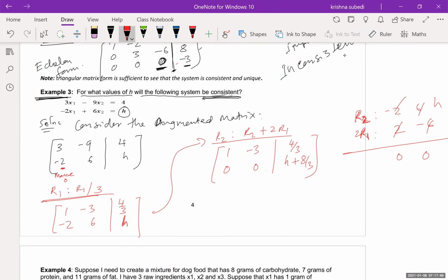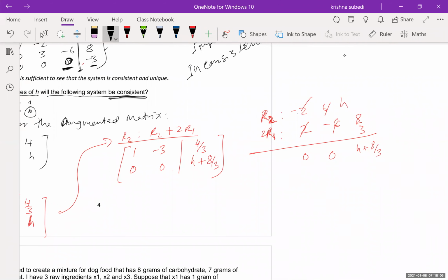Then my goal is to make this 0. What I did is R2 plus 2 R1: R2 is -2, 6, h, and 2R1 is 2, -6, 8/3. Then if you simplify, you're going to get that.